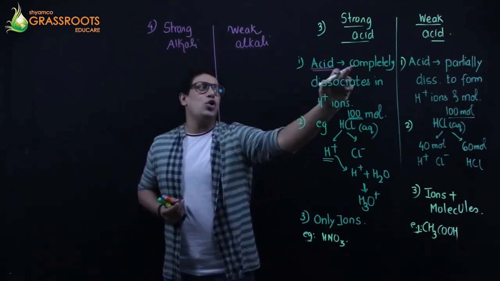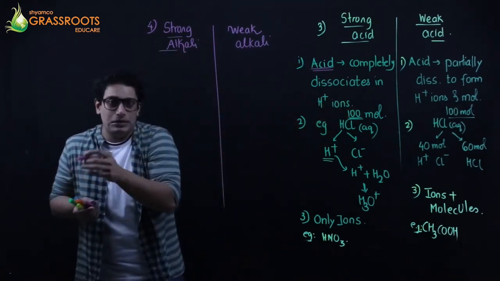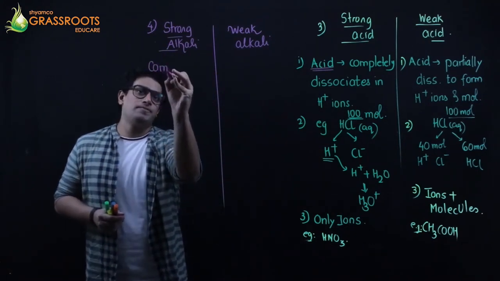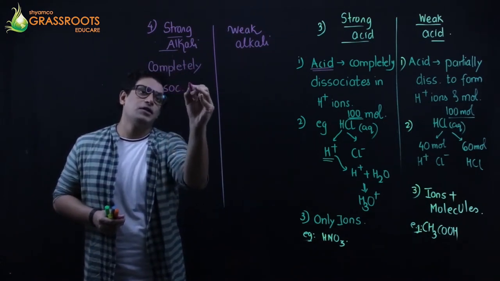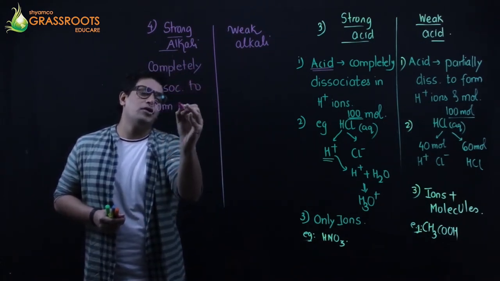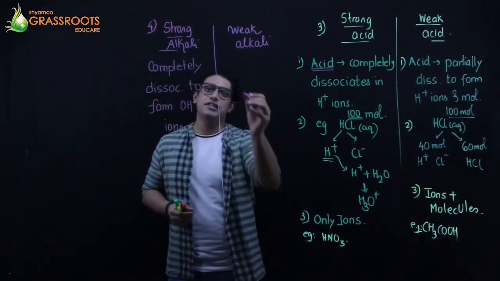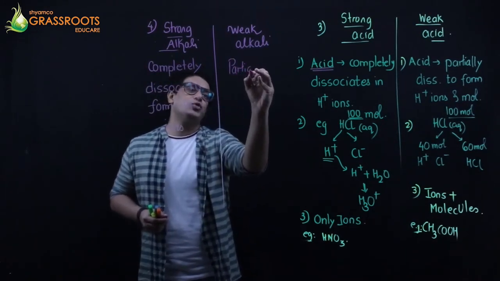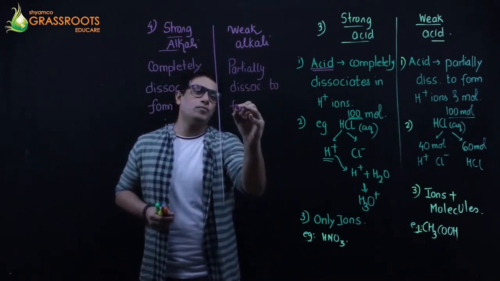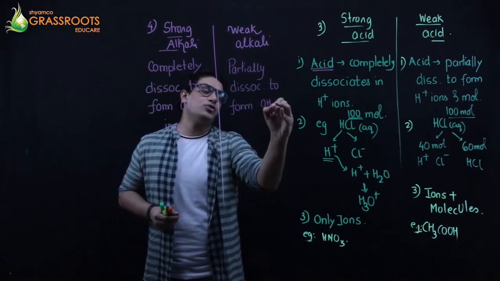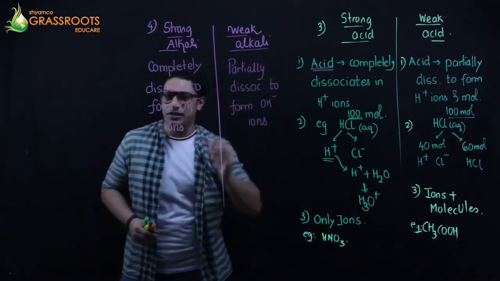So alkali which completely dissociates, and alkali when put in water, completely dissociates to form hydroxyl ions, is going to be a strong alkali, and this will give a partial dissociation. Partially dissociates to form OH minus ions. That is called a weak alkali.